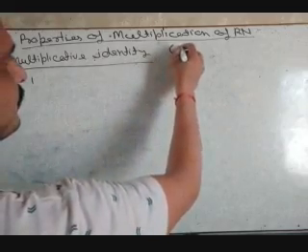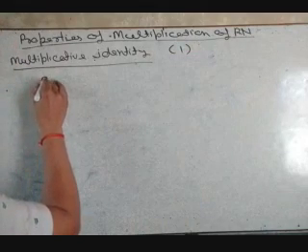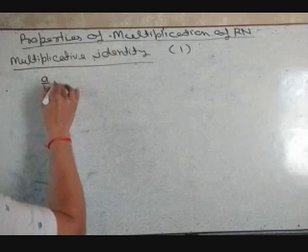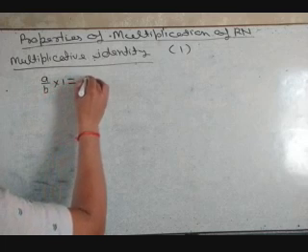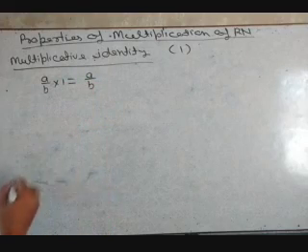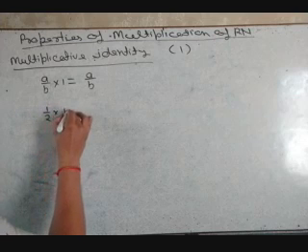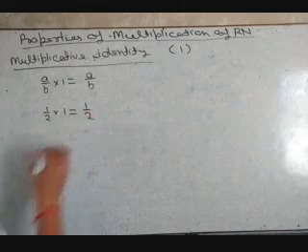multiplicative identity is 1. Because when 1 is multiplied by any rational number, we will always get the same rational number. For example, when 1 by 2 is multiplied by 1, we are getting 1 by 2.